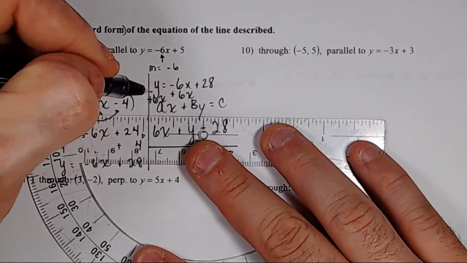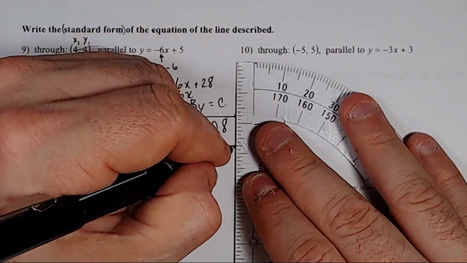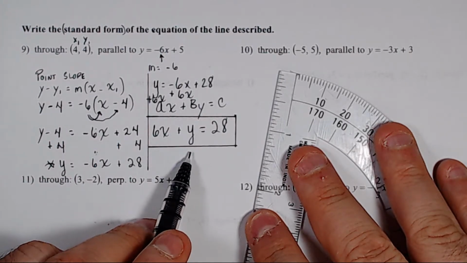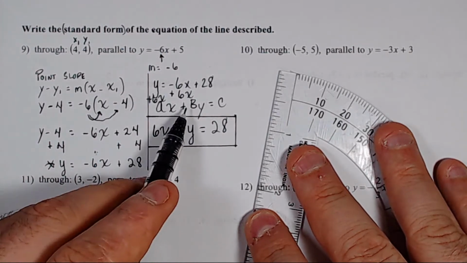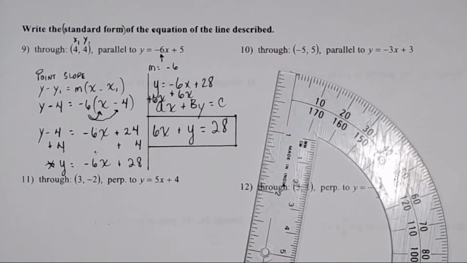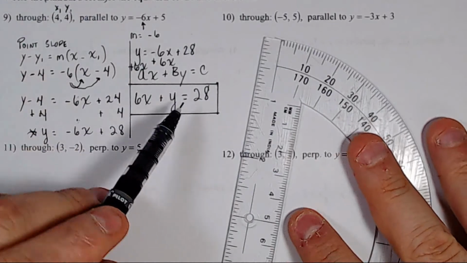So once we got the equation of the line in slope-intercept form, right here, to turn it into standard form was really, really simple, wasn't it? We literally just did plus 6x. You see that? Now, why is standard form useful? That's something we'll get to later. But right now, it's good to know how to write it.